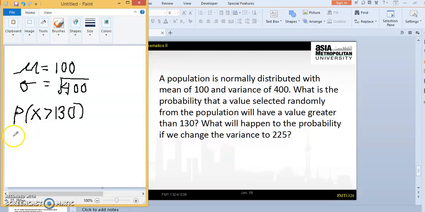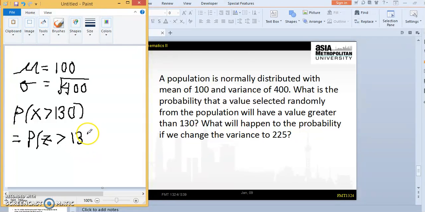So this is equal to P(Z greater than 130).